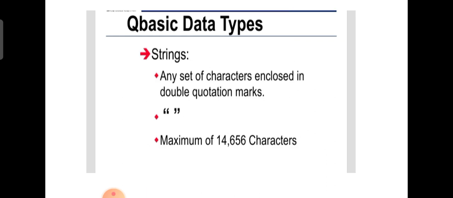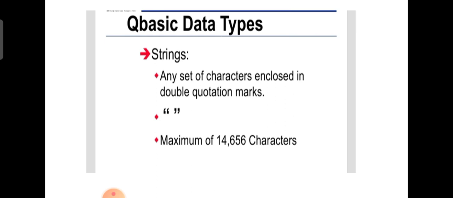After that comes your string data type. The string data type is also known as alphanumeric data. It is a collection of characters. If you want to add any name, address, phone number, email address, these all fall under this category.